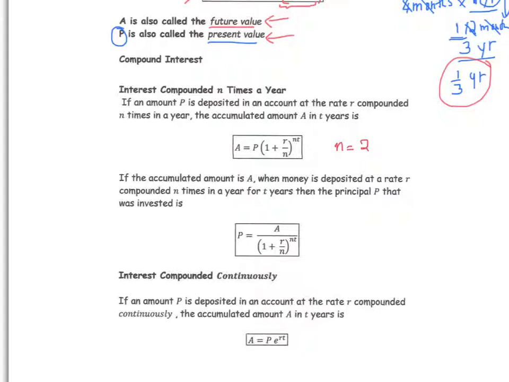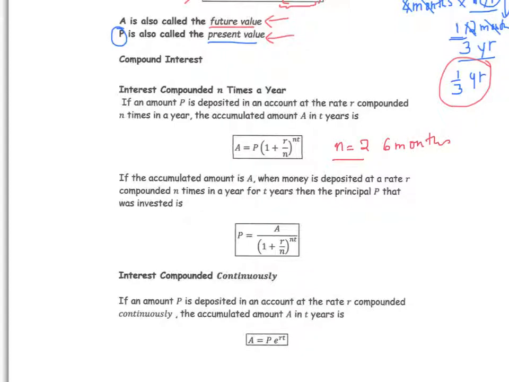So every 6 months, we figure out what the interest is in the amount that is in the bank up to that point, and then we add it on to the existing amount to find the accumulated amount. So n equals 2 would mean we are calculating interest every 6 months.